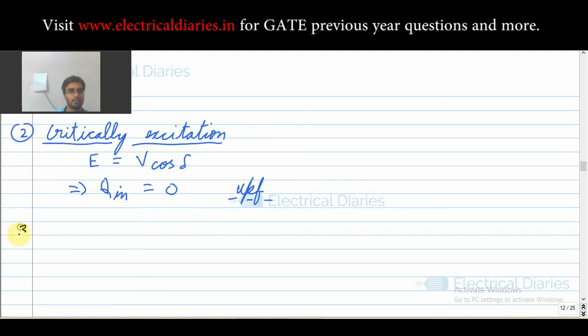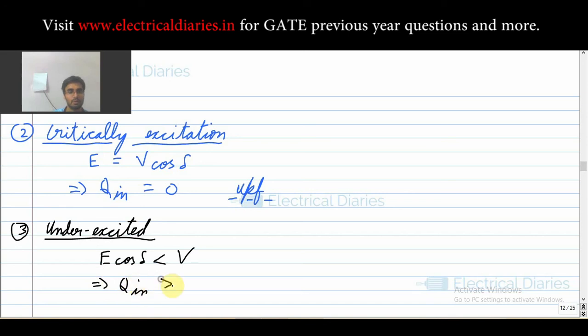Now the next part is the third case, that is under excited. Under excited means, I hope you can already guess this, that E cos delta is less than E. So this implies that your Q in will come out to be greater than 0, and we all know that Q positive means lagging power factor. Now the machine absorbs.